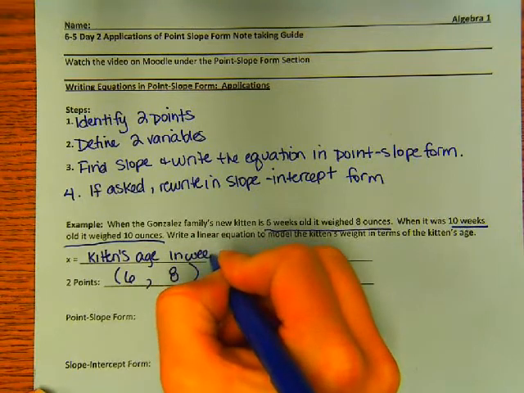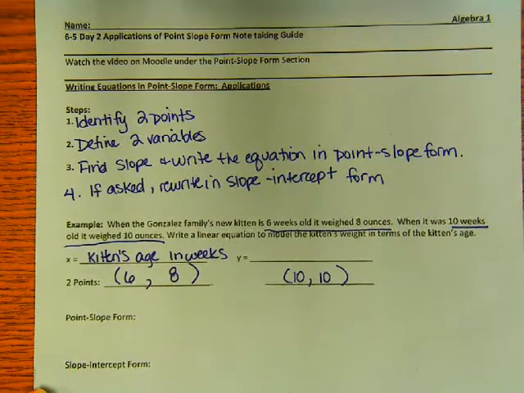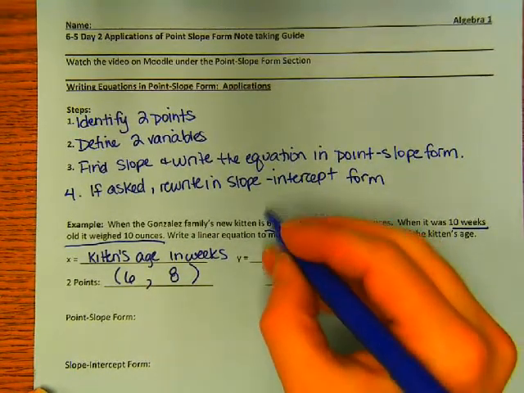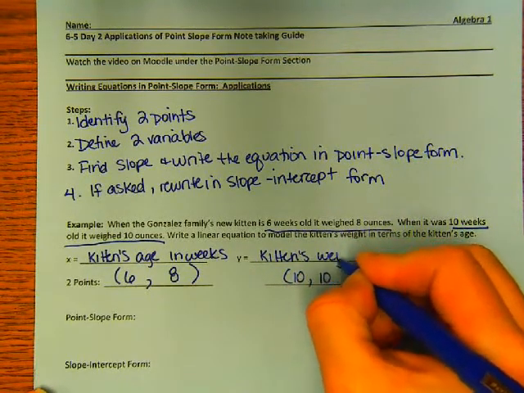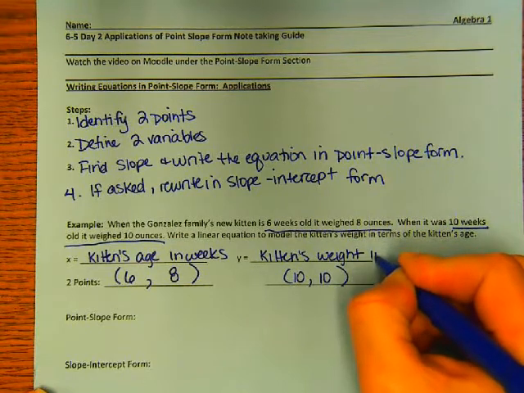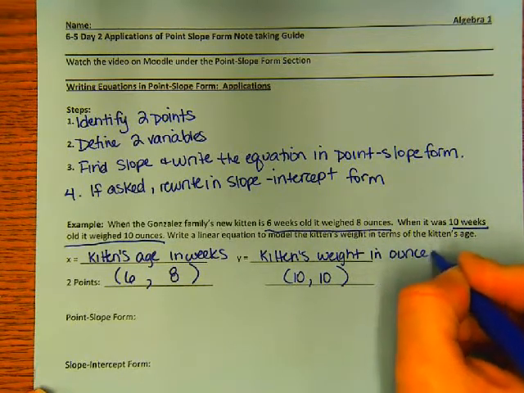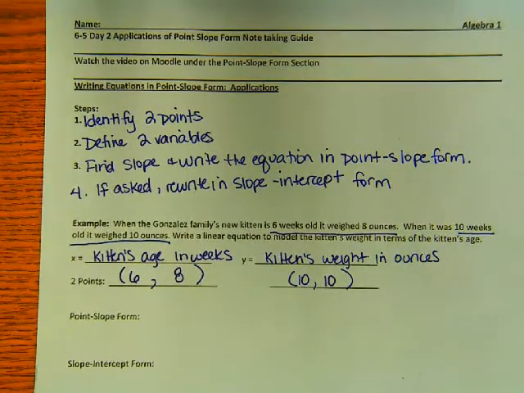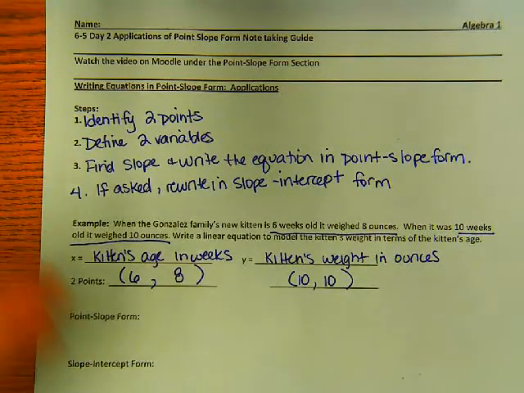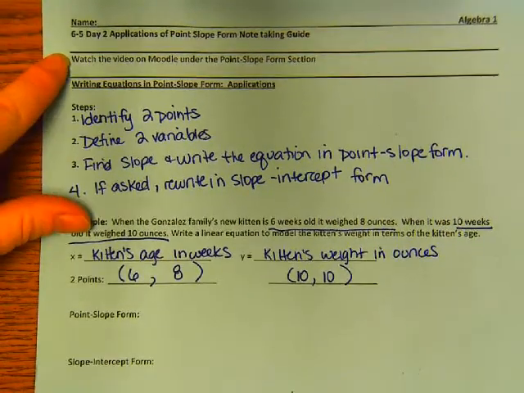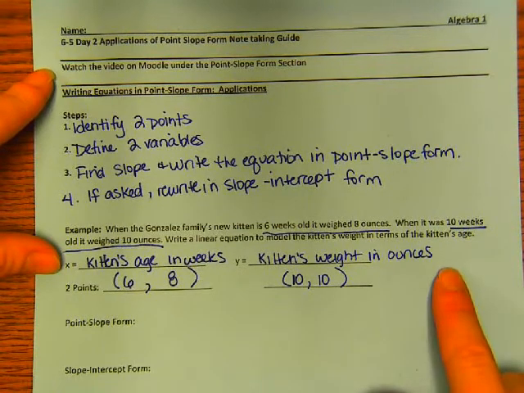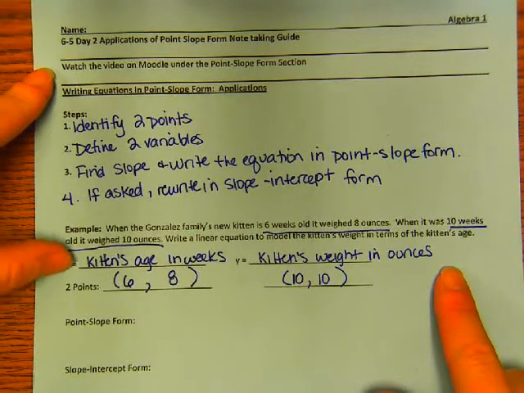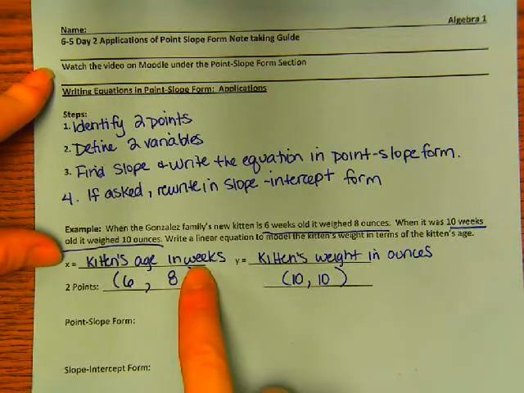And then y will represent the kitten's weight in ounces. If you would prefer, you could have also used different variables like A for age and W for weight. Or I guess you could also use W for weeks and O for ounces.